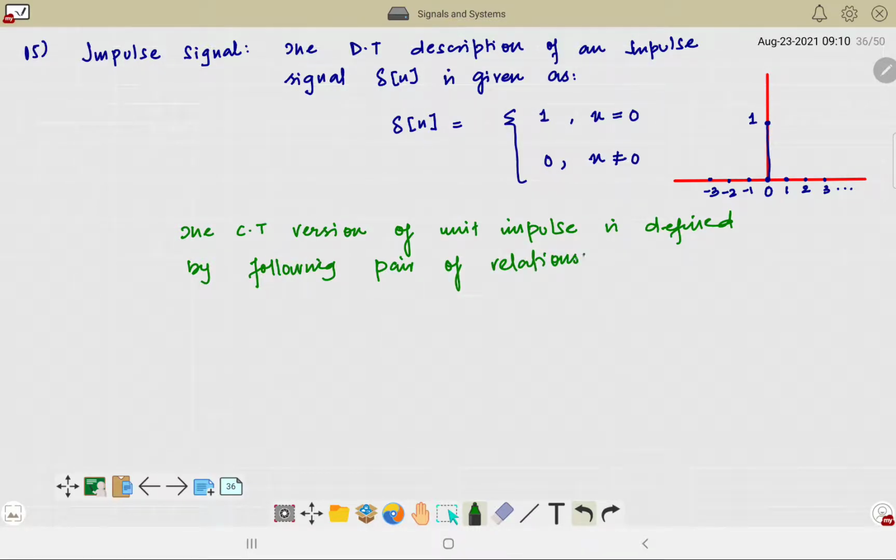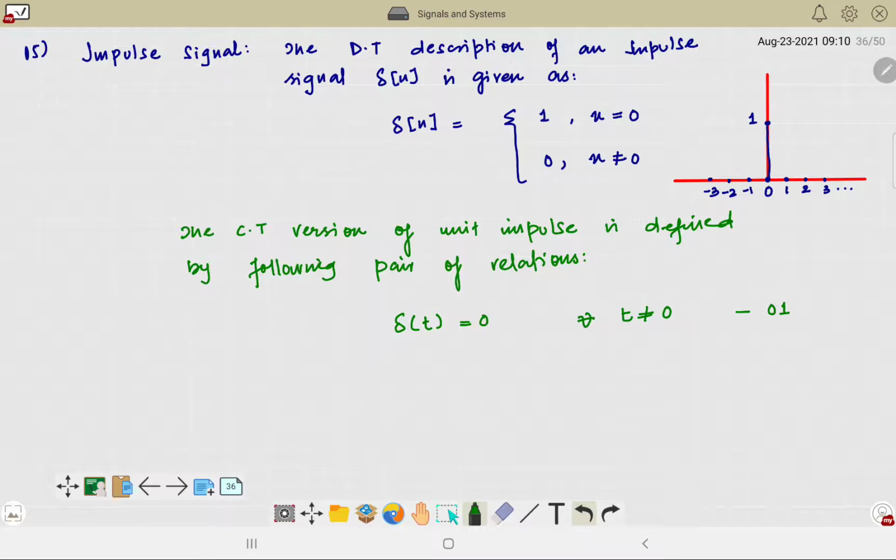It has to satisfy two mathematical expressions. First, delta t must be 0 for all t not equivalent to 0. Let's call it 1.